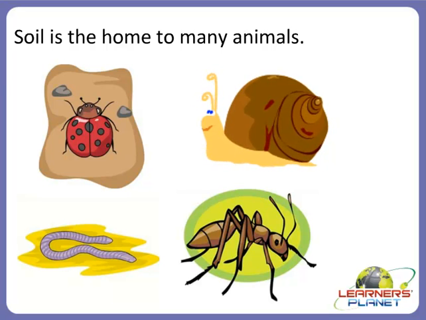So we see that crops grow well in fertile soil. And if there were no plants, we would have nothing to eat. So always plant more trees. Children, soil is also the home to many animals. For example, it is home for a beetle, an earthworm, a snail, an ant.